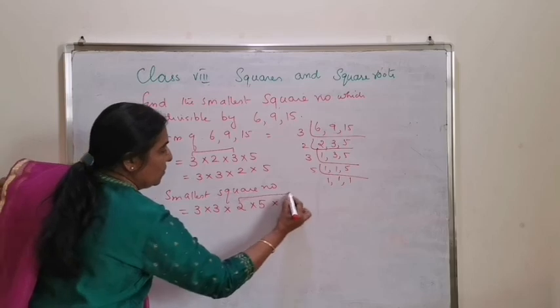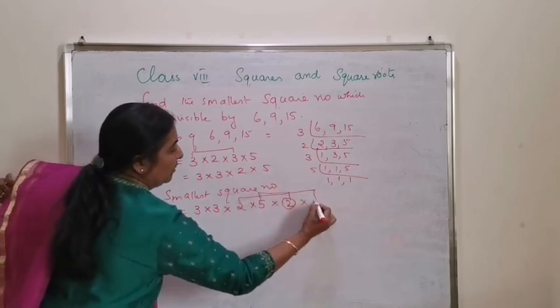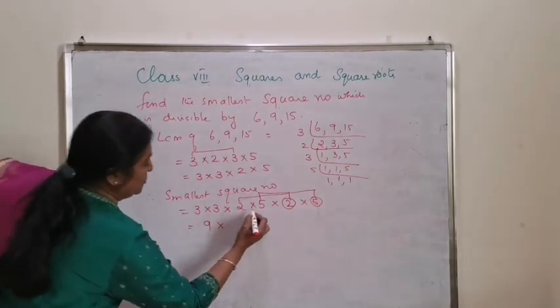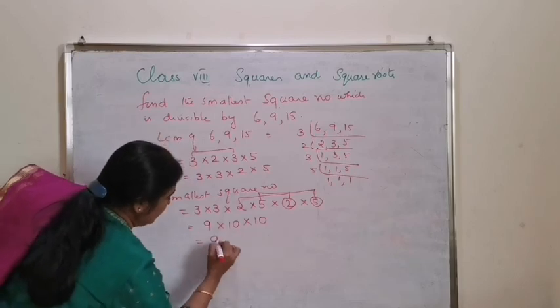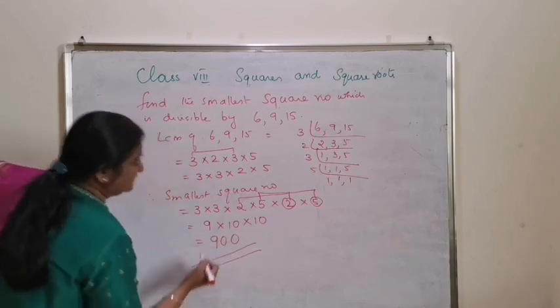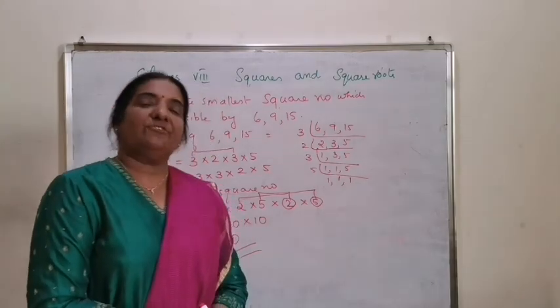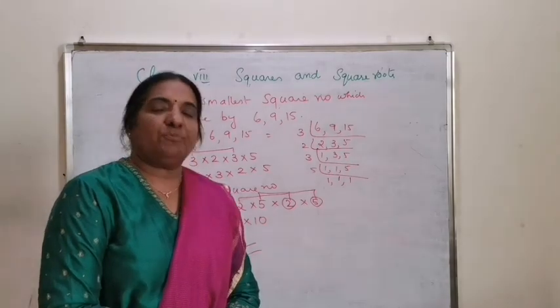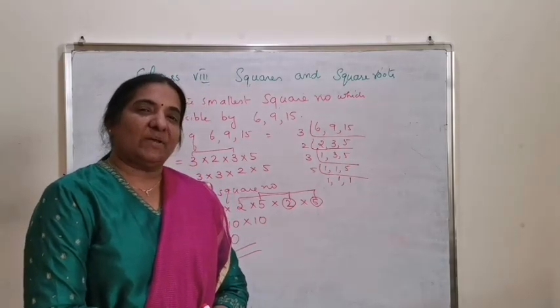That means one more 2 should be there and one more 5. That is 9 into 10 into 10, that is 900. So from the LCM itself you can understand the extra factors which need to be multiplied so that the final answer will be a square number.